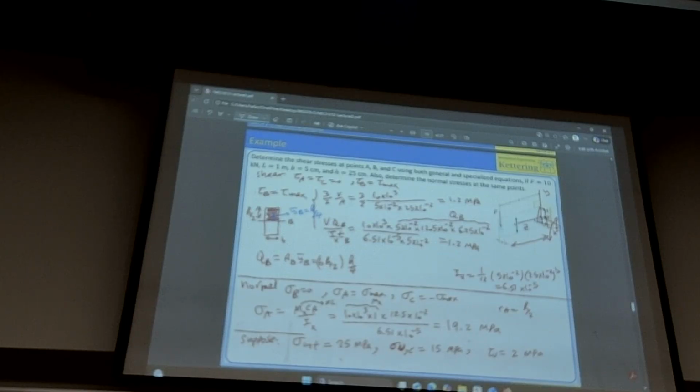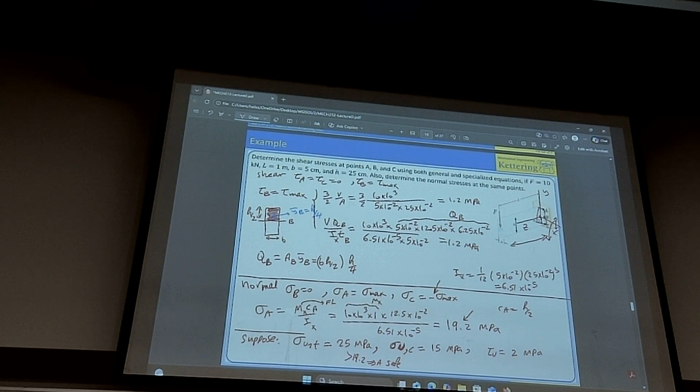We see that sigma u comma t means strength in tension, and this is positive, so compare with this for A. So that is greater than 19.2, so A is safe. Sigma uc would be for negative, and C would be the point of interest in this case. Because this is less than 19.2, this 15 is not good enough, therefore C is not safe.